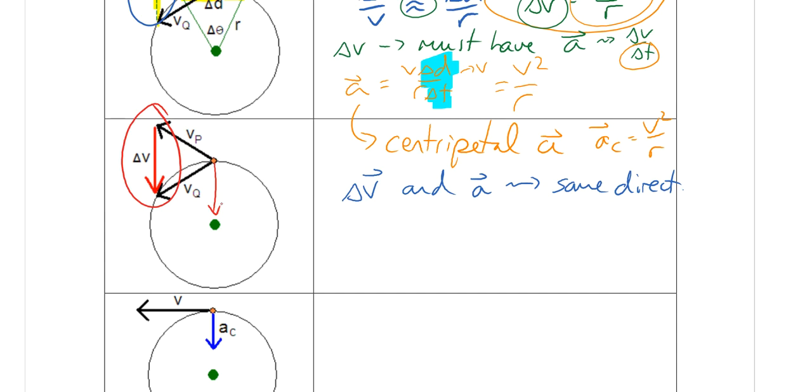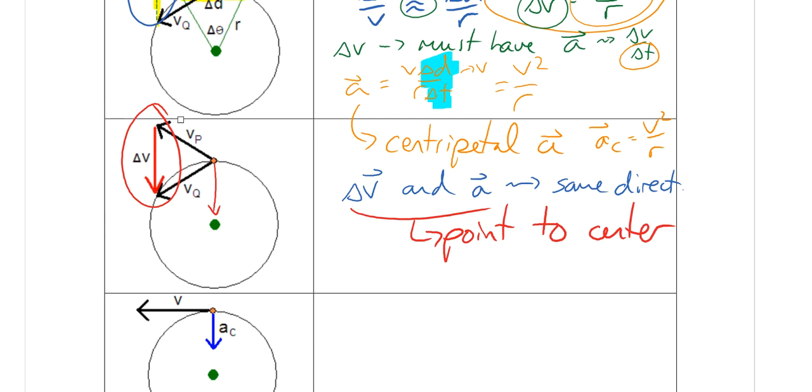So the actual acceleration vector points in the same direction as the change in v vector. The change in v vector is actually pointing to the center of the circle. Which seems kind of weird, but it's actually pointing to the middle. So both of these point to the center of the circle.